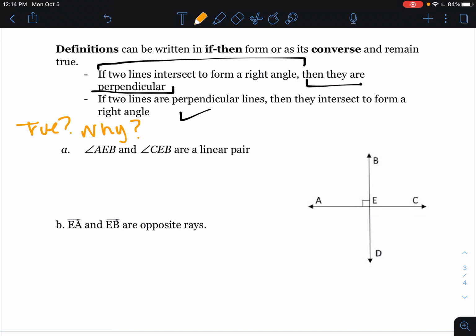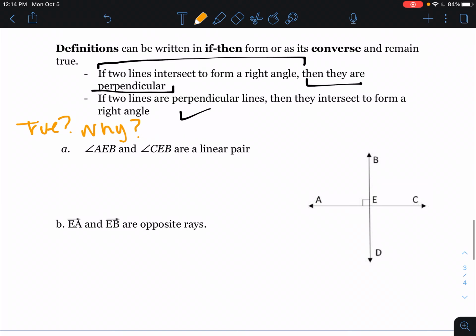So, angle AEB and angle CEB are a linear pair. Are they a linear pair? Thinking back to our definition of a linear pair, that means they share a side and the unshared sides are opposite rays. So is this a linear pair?